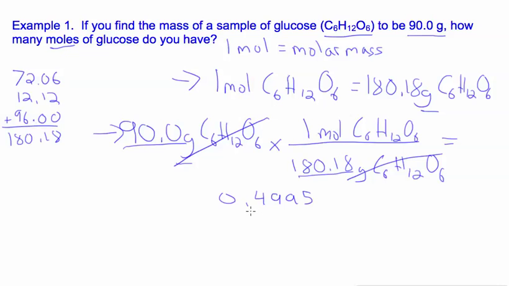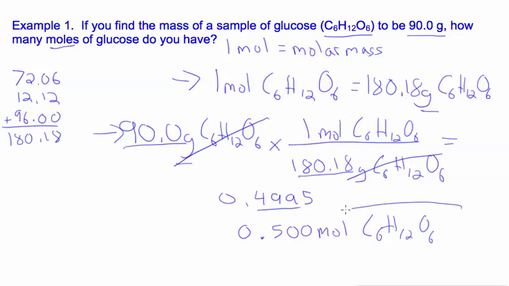That means we have to make these 3 numbers significant. This 5 rounds up the 9, so we get 0.500, and don't forget your units, moles of C6H12O6. And that's our answer with the correct number of significant figures.